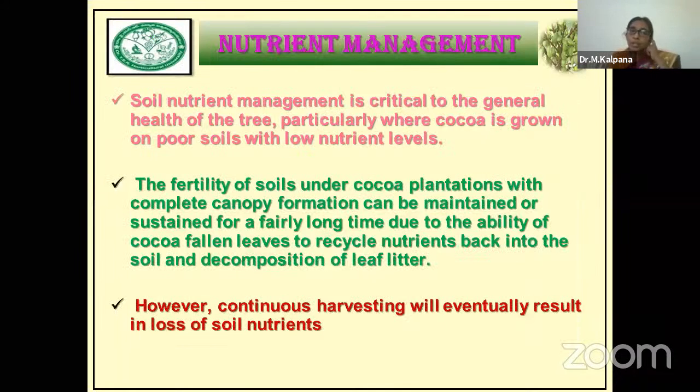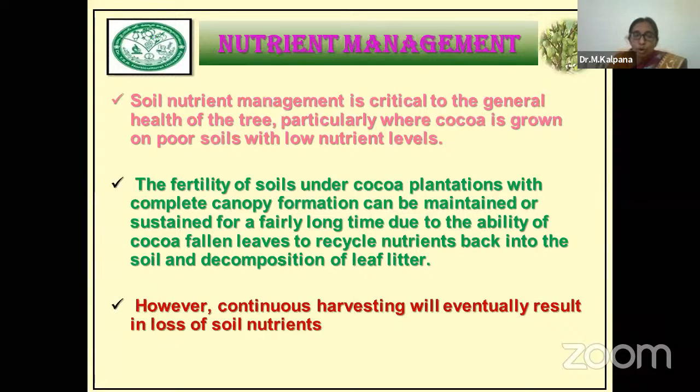Then nutrient management is very important in cocoa. Why? If cocoa is left as such, it will flower throughout the year when the climatic conditions, nutrition and irrigation management are good. That's why soil nutrient management is very critical to the general health of the plant, particularly where cocoa is grown on poor soils with low nutrient levels. Cocoa has so much canopy.